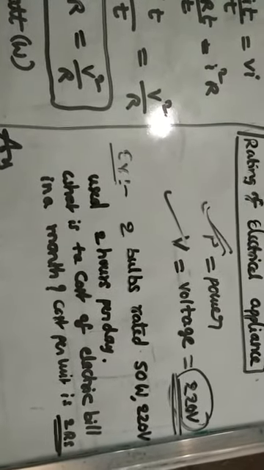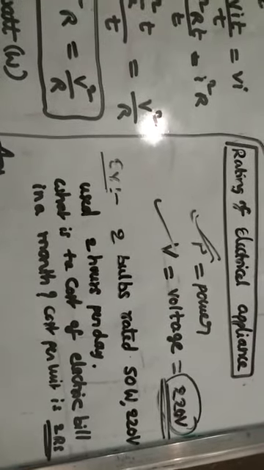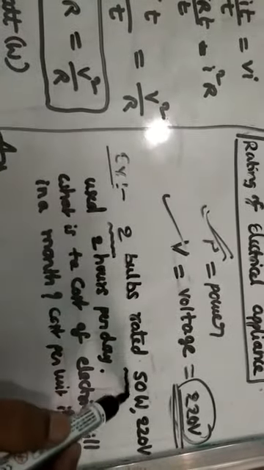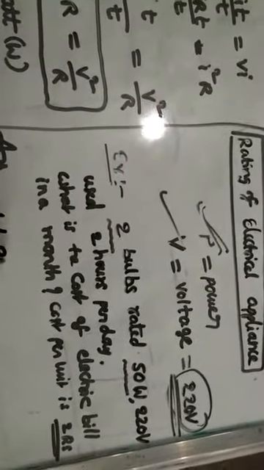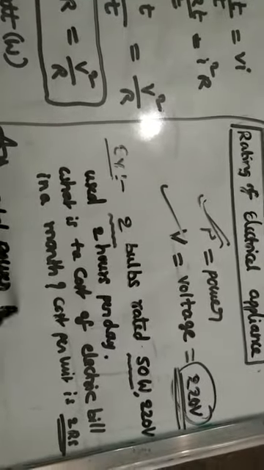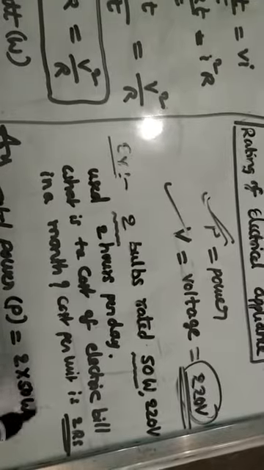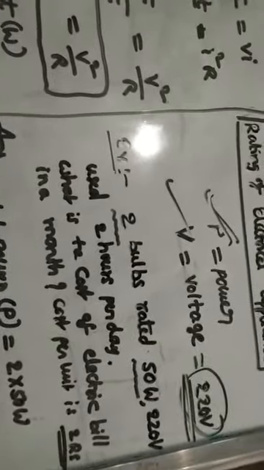I told you number of units is nothing but number of kilowatt hour. See how many bulbs are there with me? 2. What is the power of each bulb? 50. So total power is how much? Power is a scalar. So total power, 2 bulbs, each one is 50 watt, this is equal to 100 watt. This is called total power.